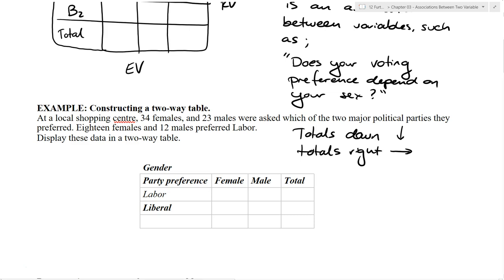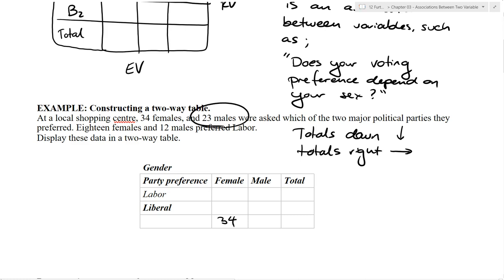So they go to a local shopping centre, and they survey 34 females and 23 males, and ask which of the two major political parties they preferred, and they tell us that 18 females and 12 males preferred Labour. So what we can say is that if they surveyed 34 females, that's going to go down here in the bottom box, 34.